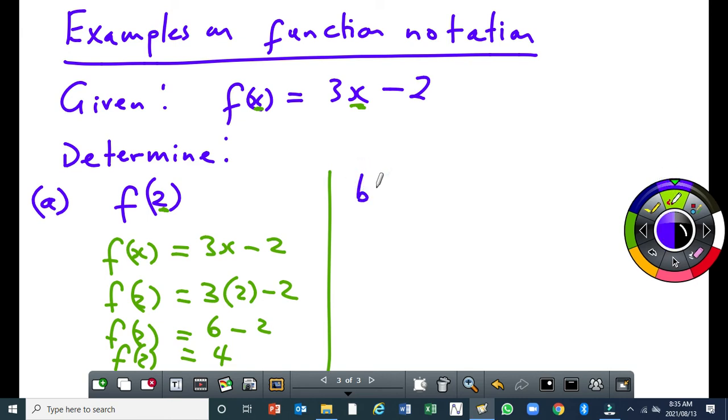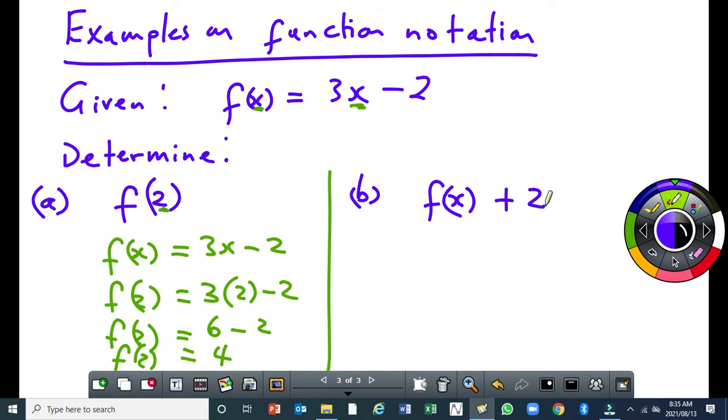Then let's do B now. Remember, we are still trying to determine. You can also be asked to determine, say, f of x plus 2, like that. By f of x plus 2, we are saying add 2 to y. It's not complicated. Where there is f of x here, you just replace this f of x by 3x minus 2.